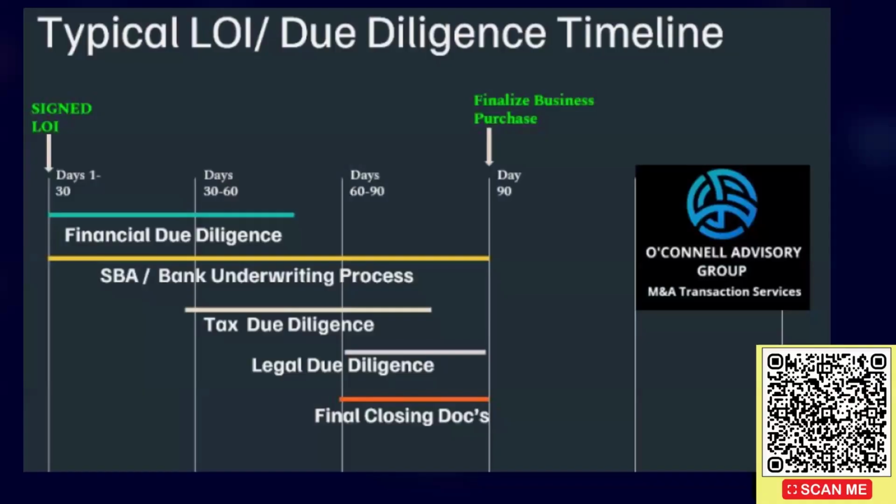So tax due diligence will help shield you against any tax liability, and also help in structuring your deal in the most tax-friendly manner. This would start around day 30 and end around day 75.